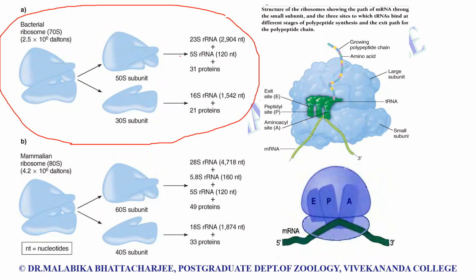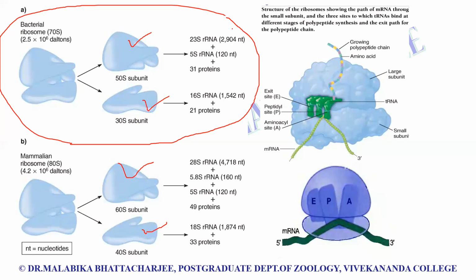However, if you compare the ribosomal subunits, in both prokaryotes and eukaryotes, ribosome consists of two unequally sized subunits. As you can see, this is the larger subunit for eukaryotes, and we have a smaller subunit, this is the smaller subunit for eukaryotes, and this one is for prokaryotes. Each subunit contains one or more ribosomal rRNA molecules.